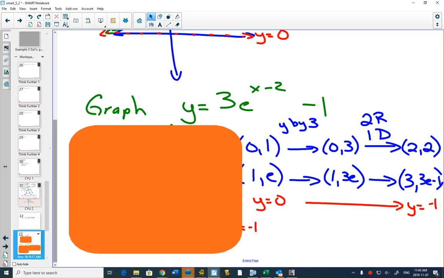It just sounds like a really loud 3. And then 2 to the right and 1 down, we'd get 2, 2, and 3, 3e minus 1. And since we did move it down, our asymptote's going to change to y equals minus 1.